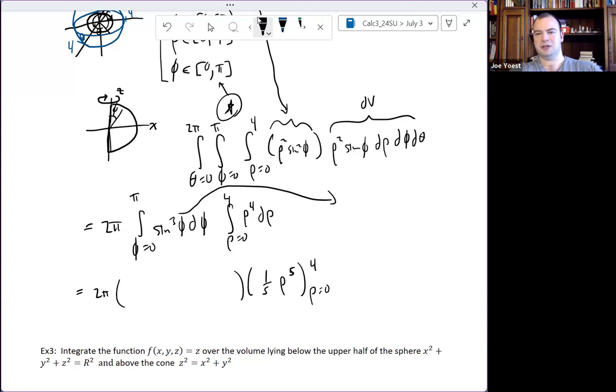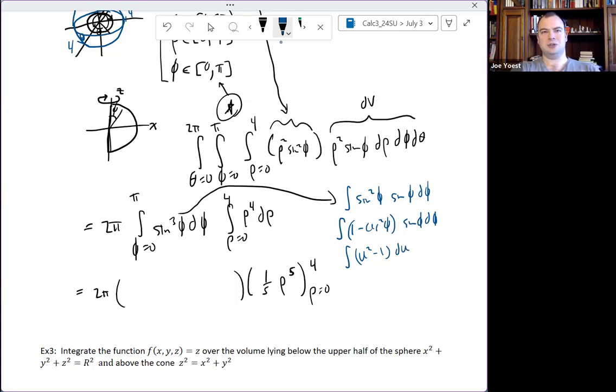Let me just come over here and do that as some scratch work. I know that I have an odd number of powers of sine, so I break one of them off to use as a du. If I let u be cos phi, du is negative sine phi, so this is going to give me the integral of u squared minus 1.